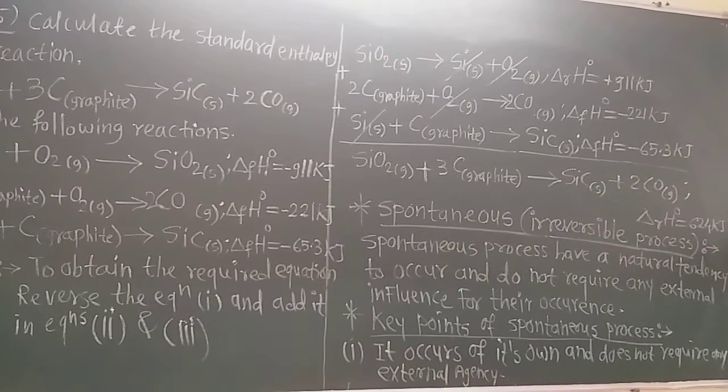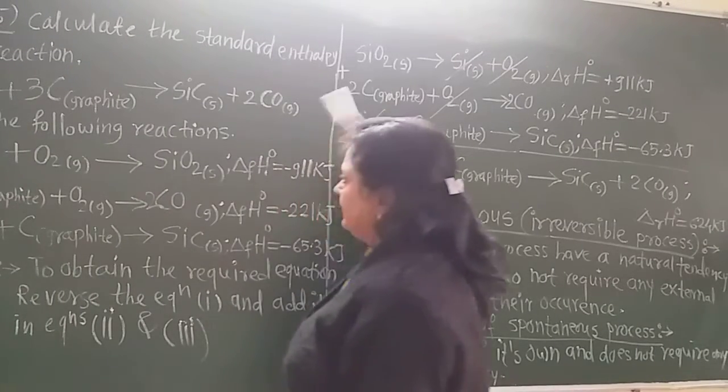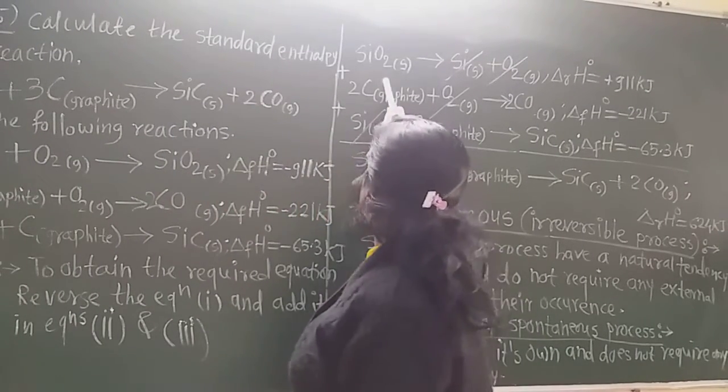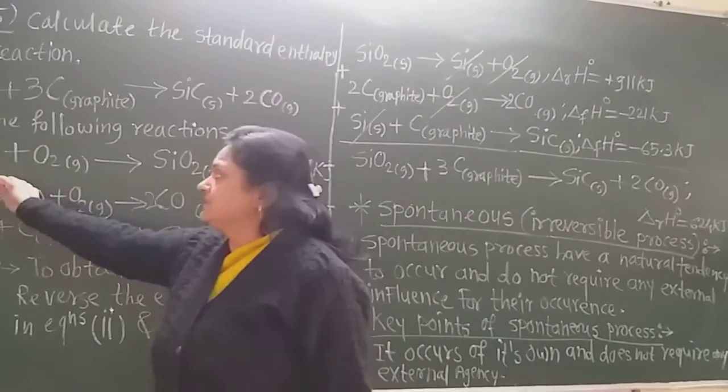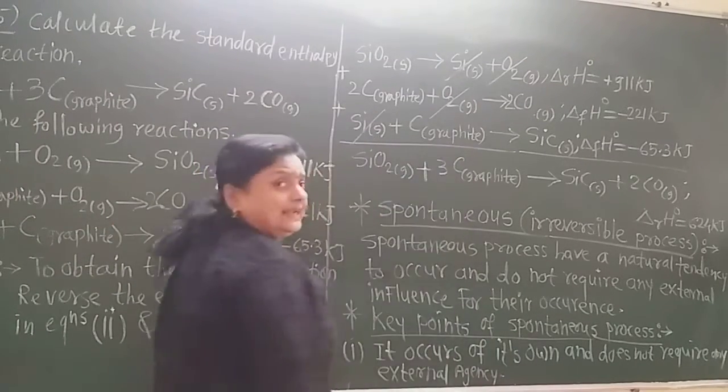Now I write again the reverse equation, the first reversed equation. See, I write SiO2 solid on the left hand side, and Si silicon solid and oxygen gas on the right hand side.